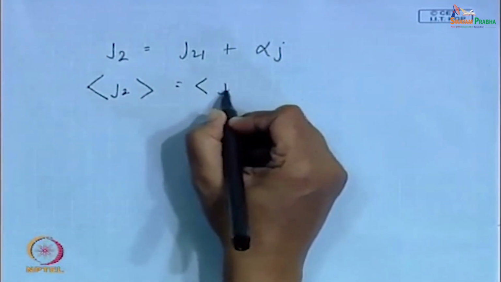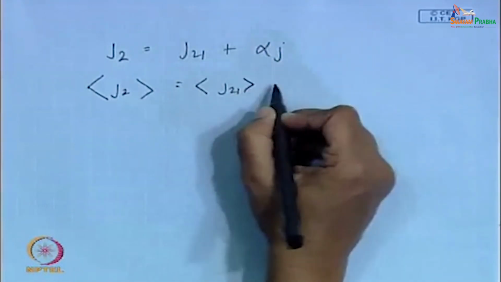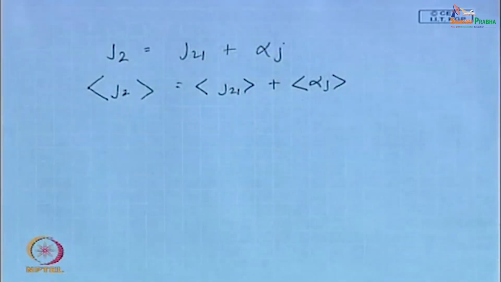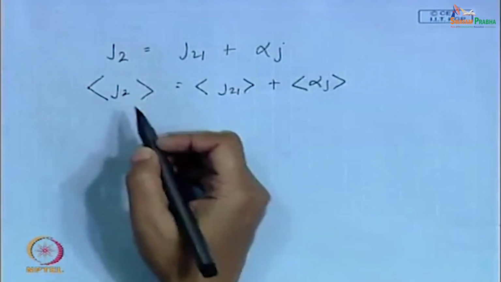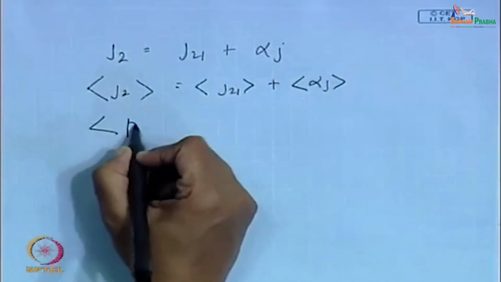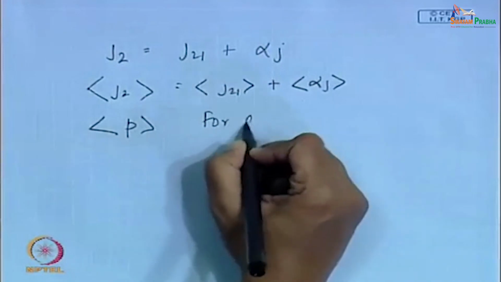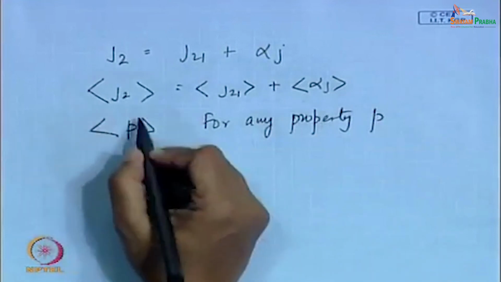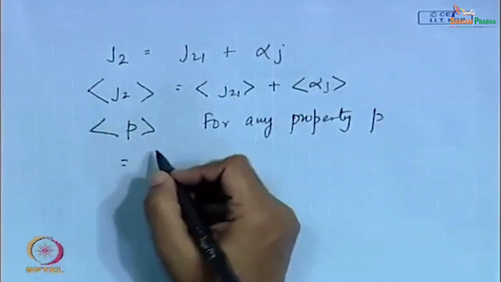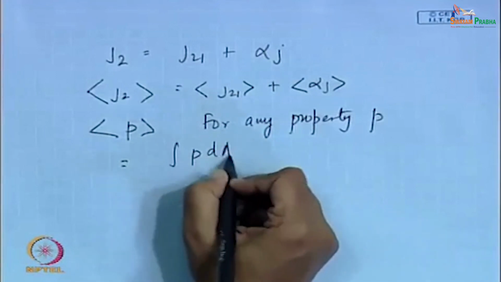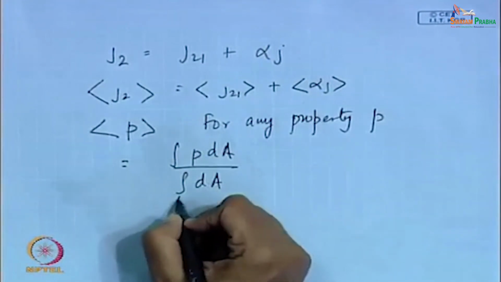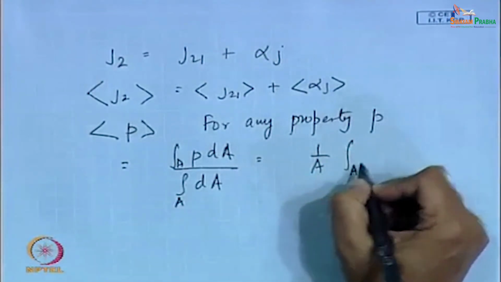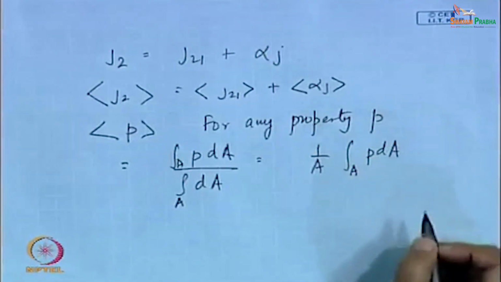What we mean is that all these quantities are averaged over the entire cross section, where for any particular property P, these squarish brackets basically mean integral P dA divided by integral dA over the entire cross sectional area, or in other words, 1 by A integral P dA.